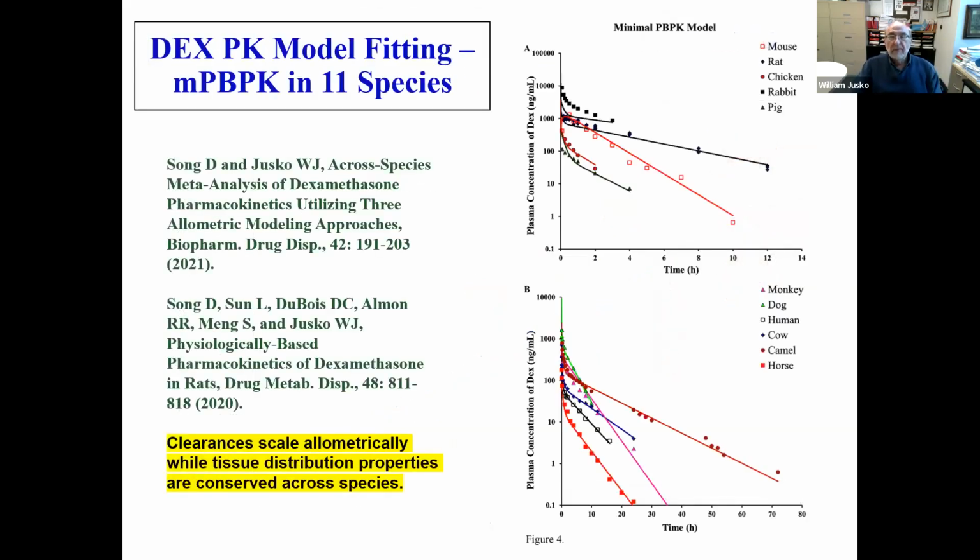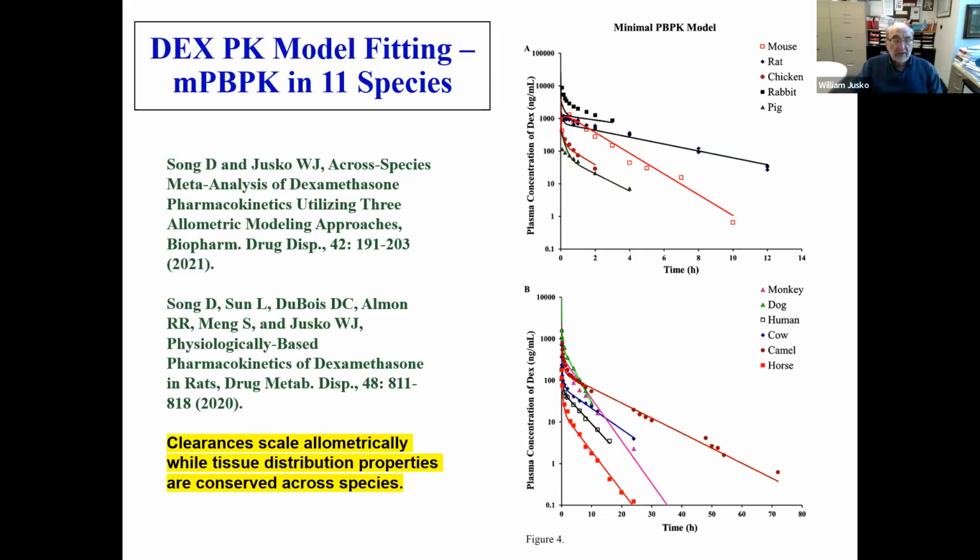We then sought to characterize the time course of plasma concentrations in all of these species. That's not something allometric scaling commonly can do, but it can be done with a minimal model. So what you see on the graph is the application of the basic minimal model that I've been showing. We're fitting the digitized data from publications for the 11 species.